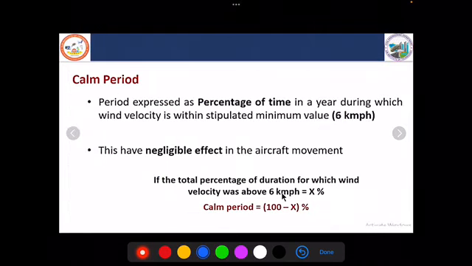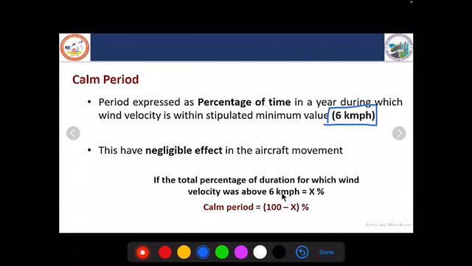Next, another important parameter required when we determine the runway orientation is the calm period. When the runway is oriented, we consider the wind which has an intensity or velocity of more than 6 kmph.